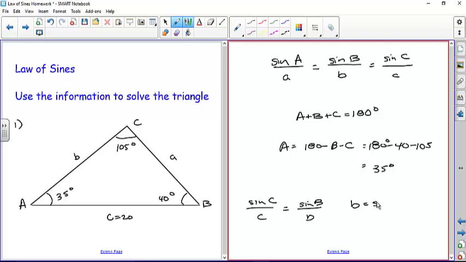And then the sine of B stays put here. The sine of C becomes from the numerator down to the denominator. And this C, which is in the denominator, gets moved to the numerator.